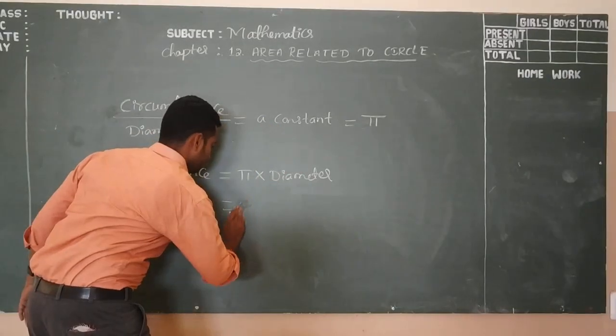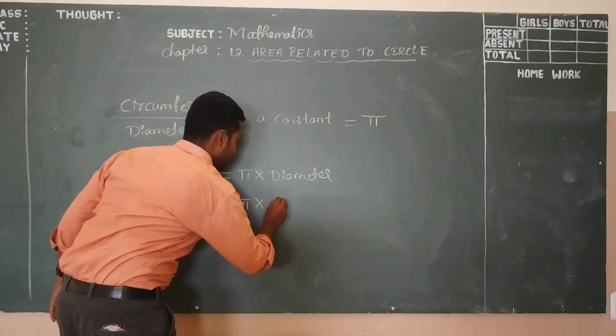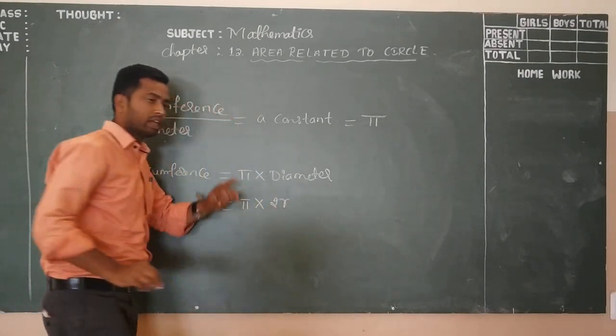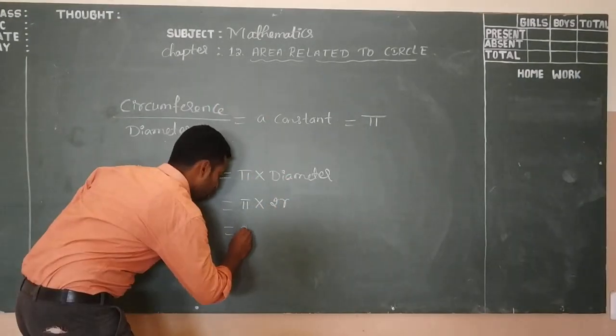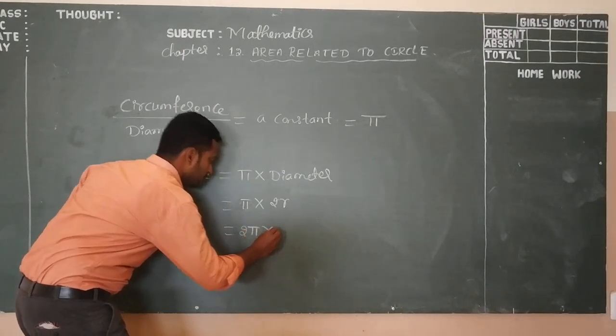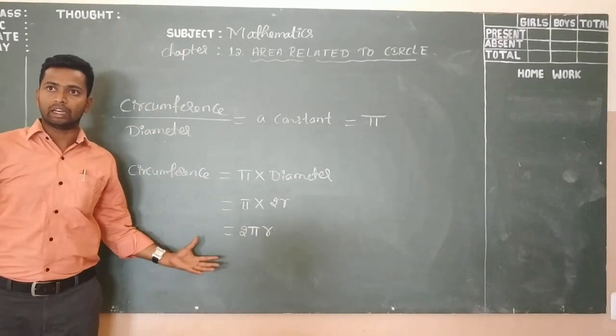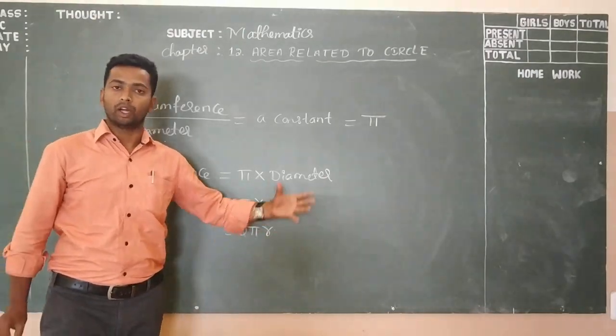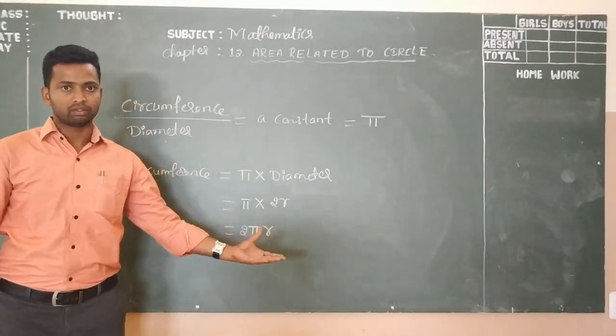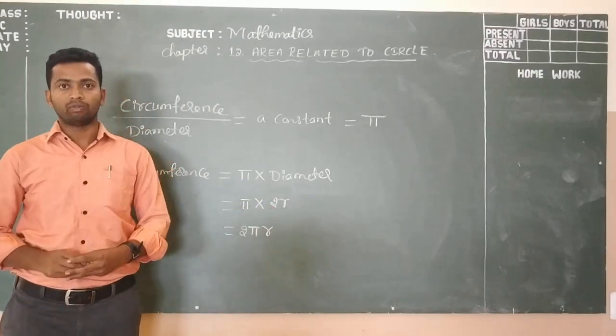So pi into diameter becomes 2 pi r. The circumference of a circle is equal to 2 pi r, where pi is 22/7, equal to 3.142.